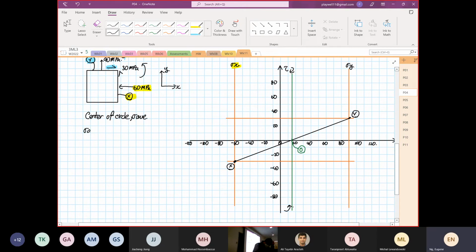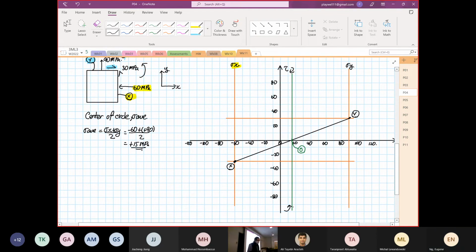So your stress average is equal to stress X plus stress Y divided by 2. Average means you add them together, yes or no, right? So it's equal to minus 60 plus positive 90 divided by 2. It's equal to positive 15 megapascal.